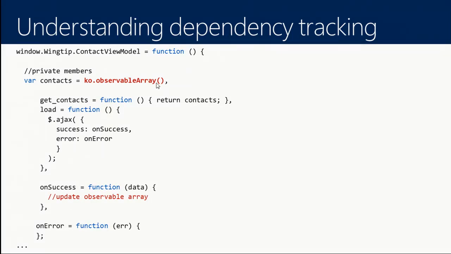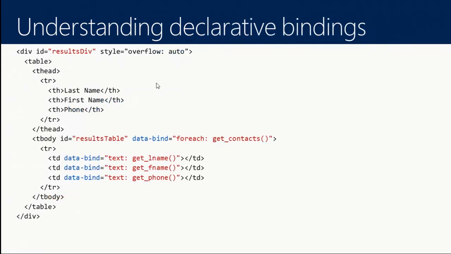So this has no idea what the page is that's going to display it. And similarly, this has no idea of the code that's generating it other than the dependency on the names of the method. But you can change what's going on in there, right? You can do maintenance and change what's going on in there without impacting this page. That's really, in a nutshell, what MVVM brings to you, and that's what Knockout implements for us.